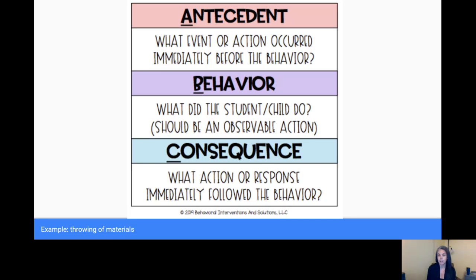A consequence that's less desirable would be getting in trouble or getting hurt. If I climb up on the bookshelf and I fall, I'm going to get hurt. That's a consequence for a behavior. So I'm going to keep integrating these things as I go into the strategies, and hope that through repetition and additional examples, it'll become kind of routine or second nature to think of things in this manner.